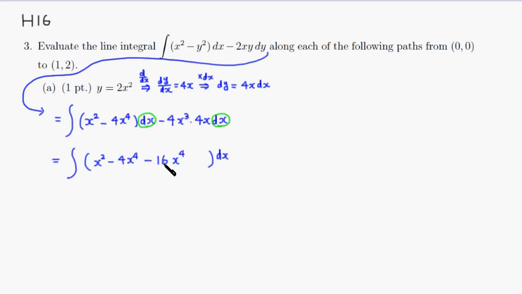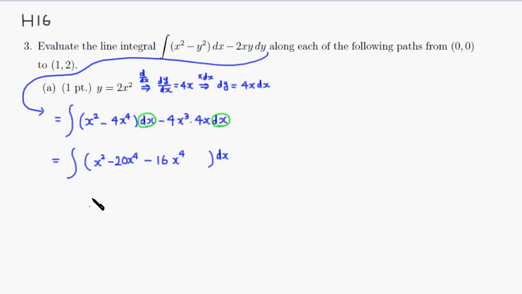Actually, I should have combined it, so I'm going to go ahead and combine it. This is negative 4 and negative 16, so that will be 20. I'll just erase the 4 and put minus 20.